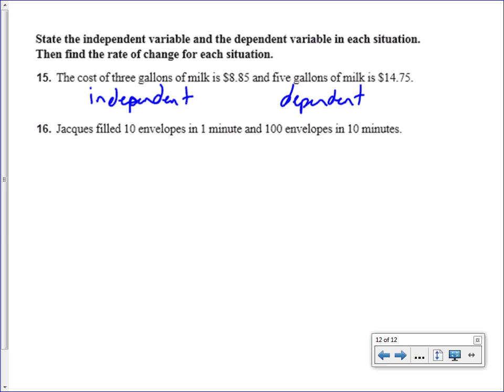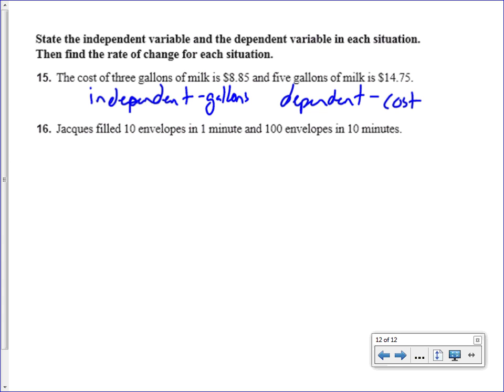So what depends on what? I would say the dependent is the cost. The independent is the gallons. Number of gallons you buy will determine the cost. Okay, next you could find the rate of change, and I'll let you figure that out.